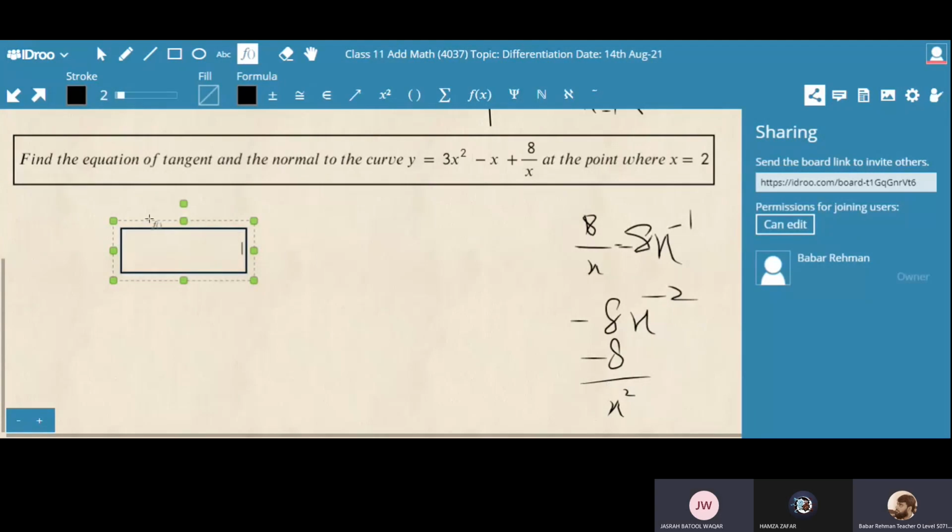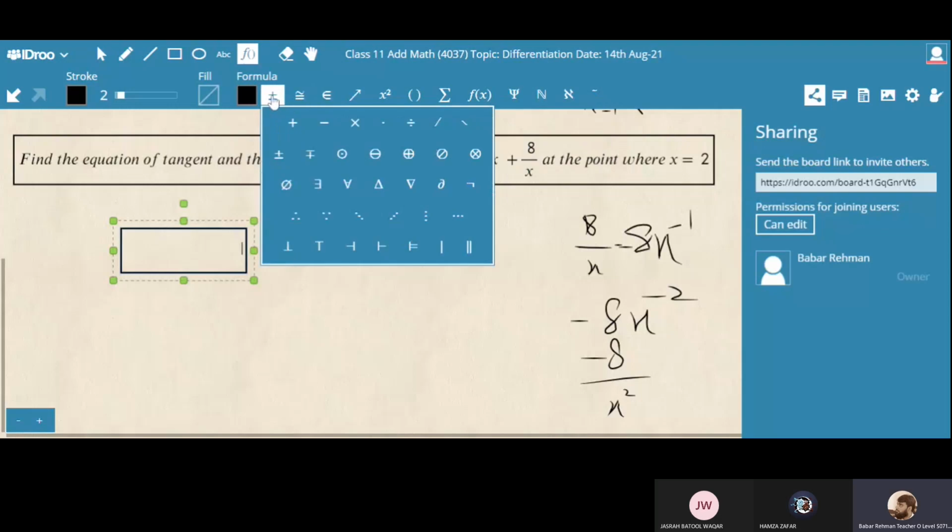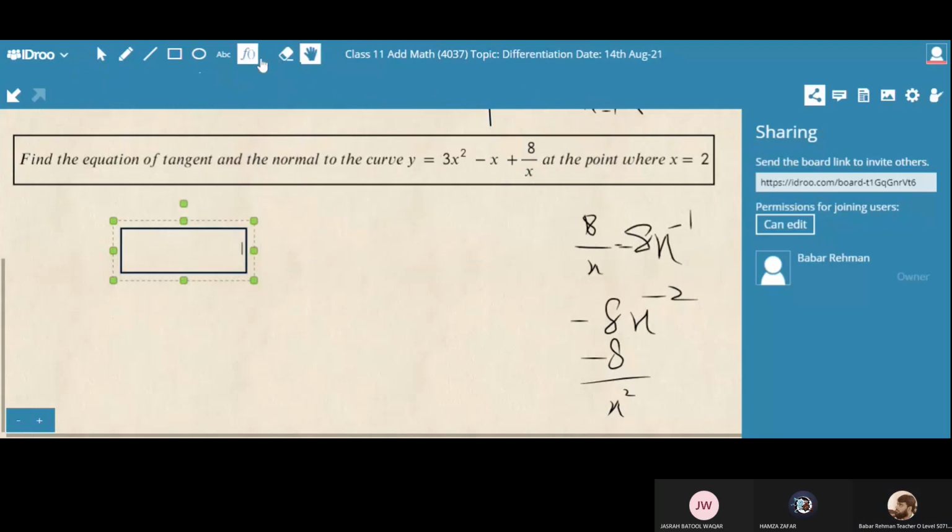Substitute x. This is removed. Wait for a while. Wait for a while. Wait for a while. I again share the screen with you.